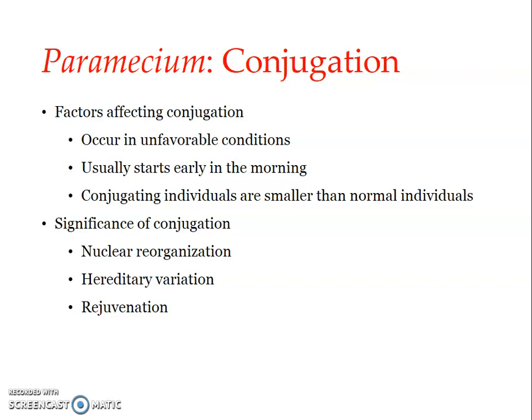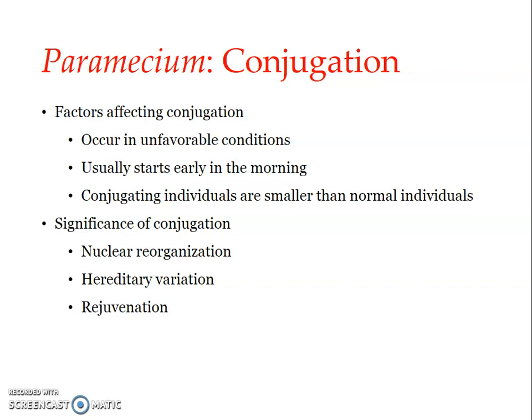Another one is, as already mentioned earlier, rejuvenation. That is, if binary fission continues repeatedly for several generations, it is found that the paramecium loses its vigor, and it may enter a period of depressed physiological efficiency and senescence. That is, it may lead to a dying kind of situation. So the individuals will cease to multiply, reduce in size, degenerate in organization, and eventually die off unless they get into the conjugation process.